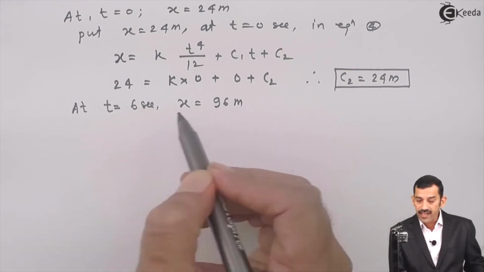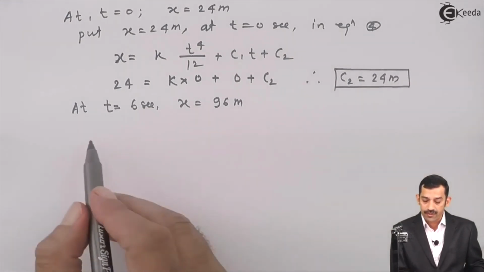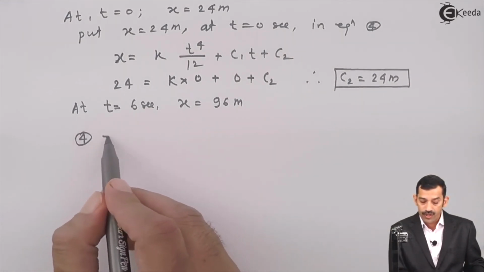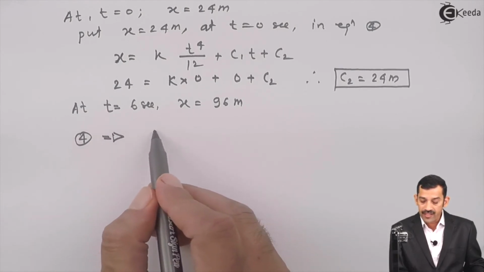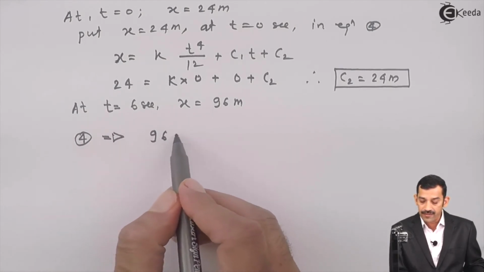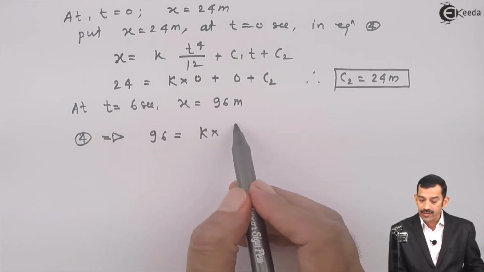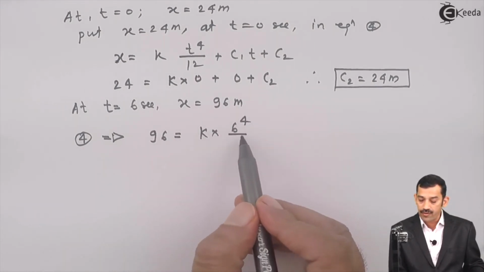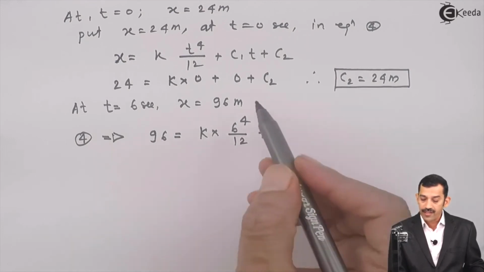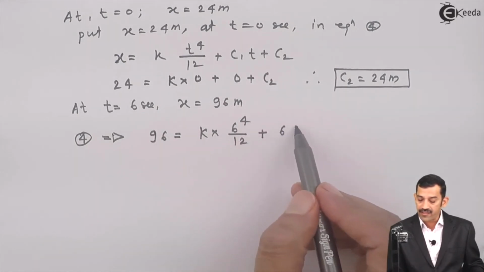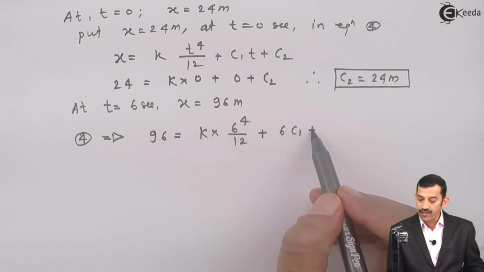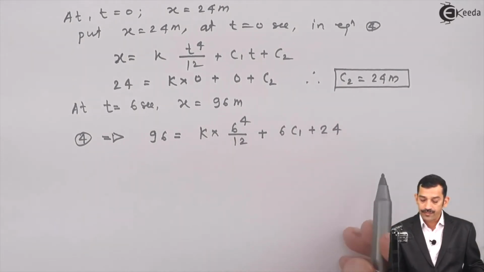This x and t value we again substitute in equation number 4. X is 96 and t is 6 seconds, therefore k into 6 raised to 4 upon 12 plus 6 c1, and c2 we have already calculated, which is 24.